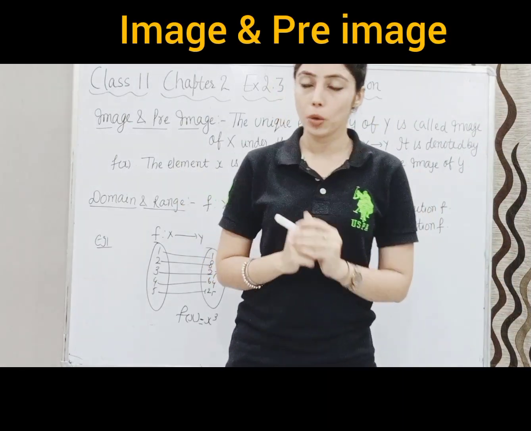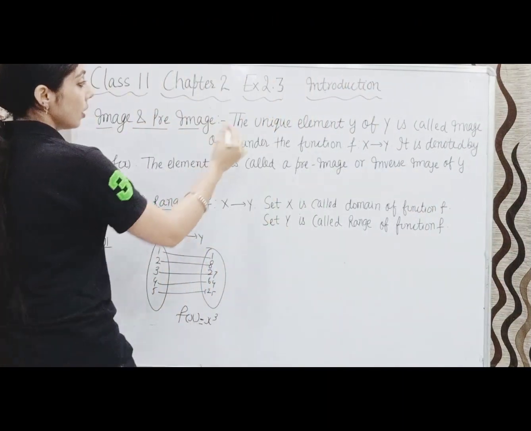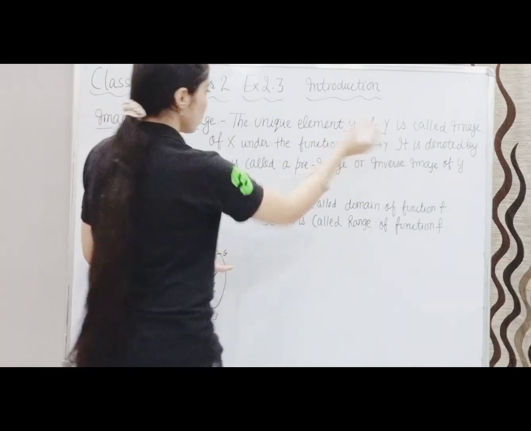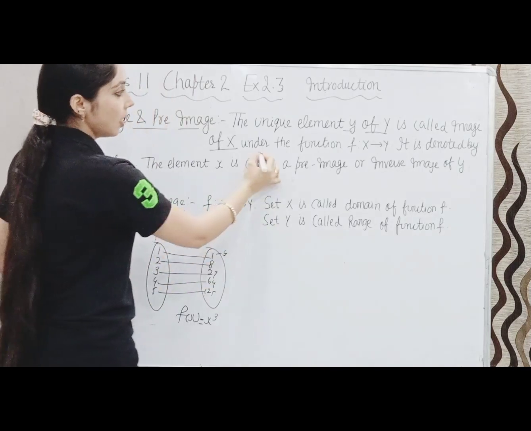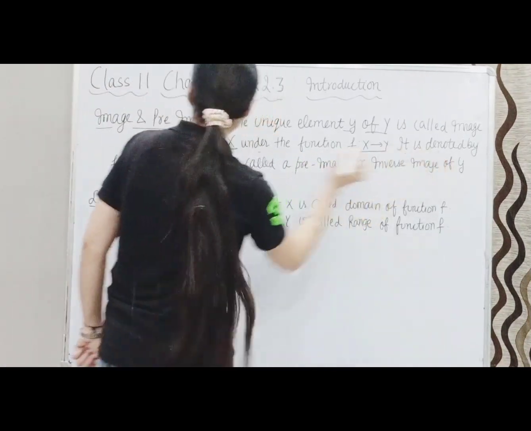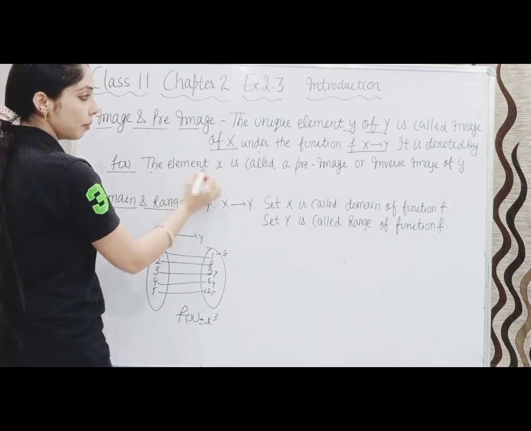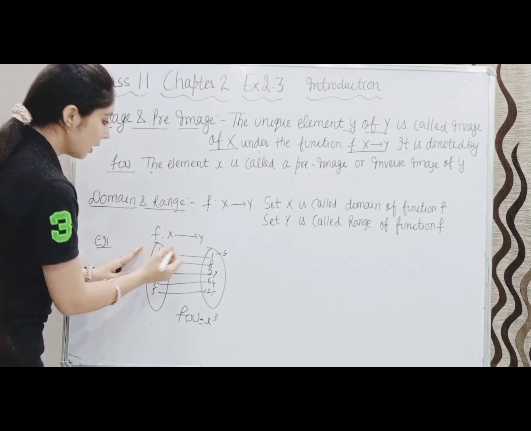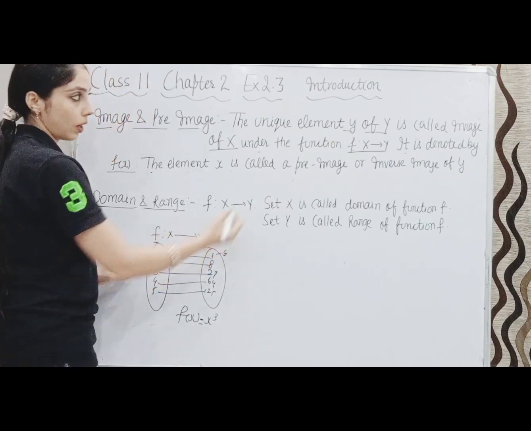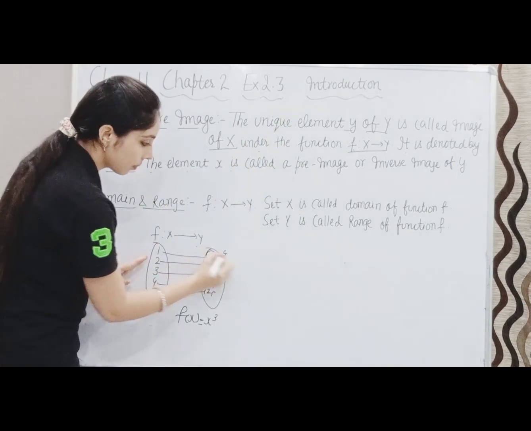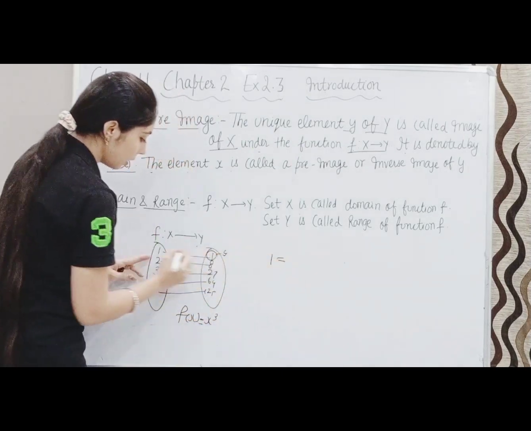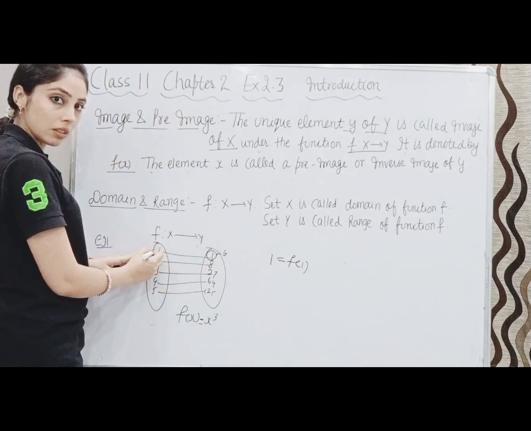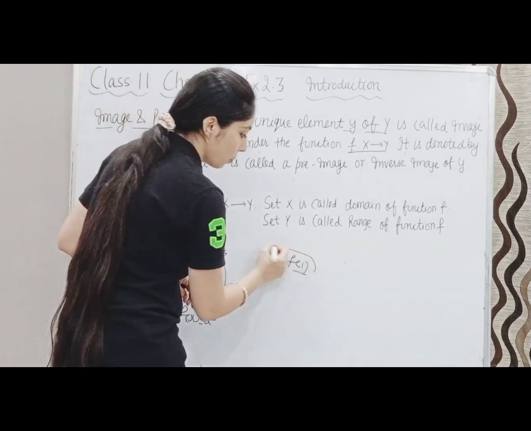Now let's discuss image and pre-image. The unique element y of Y is called the image of x under the function. It is denoted as f(x). The element x is called the pre-image or inverse image. In simple words, if we have this function f from X to Y, the unique element 1 is called the image of this element, and it is denoted by f(1).